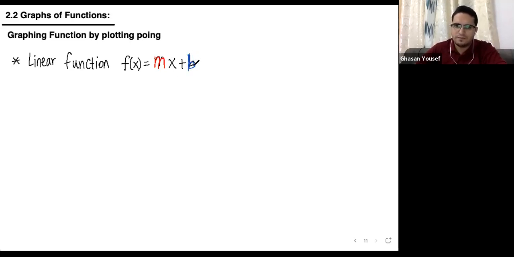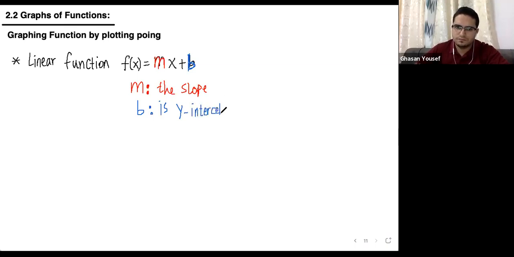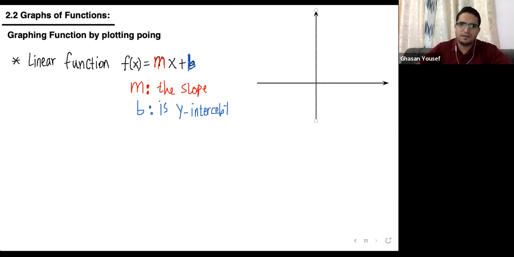And what is the b? B is the y-intercept. Correct. So the graph of this function, suppose m is positive, like we said before, would look like a line like this.